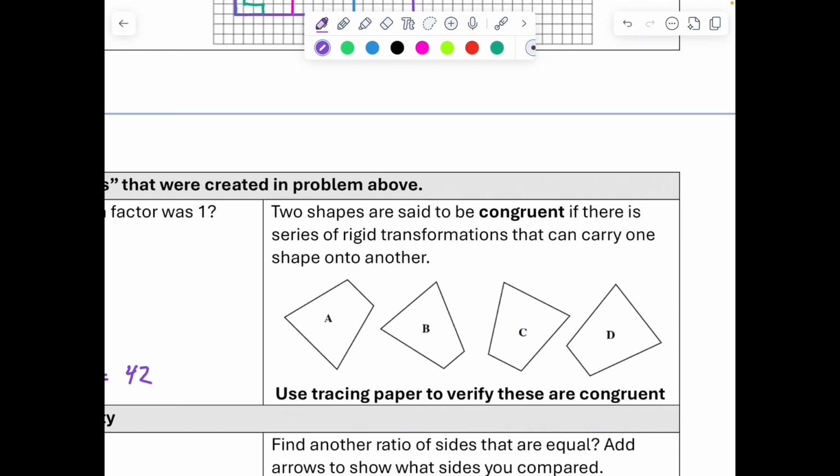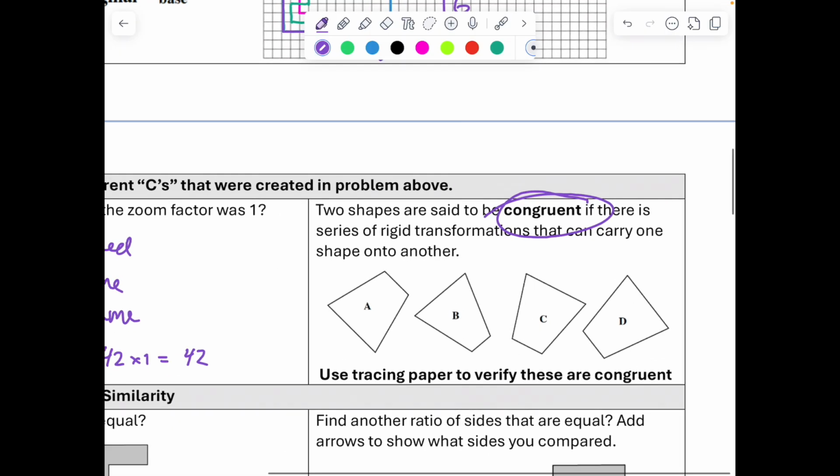If two shapes are said to be congruent, here's a word you might have heard before, there is a series of rigid transformations that can carry one shape onto another. Okay, so no matter what we do to it, rotation, reflection, translation. So for instance, we're going to use our tracing paper to verify that these are congruent.